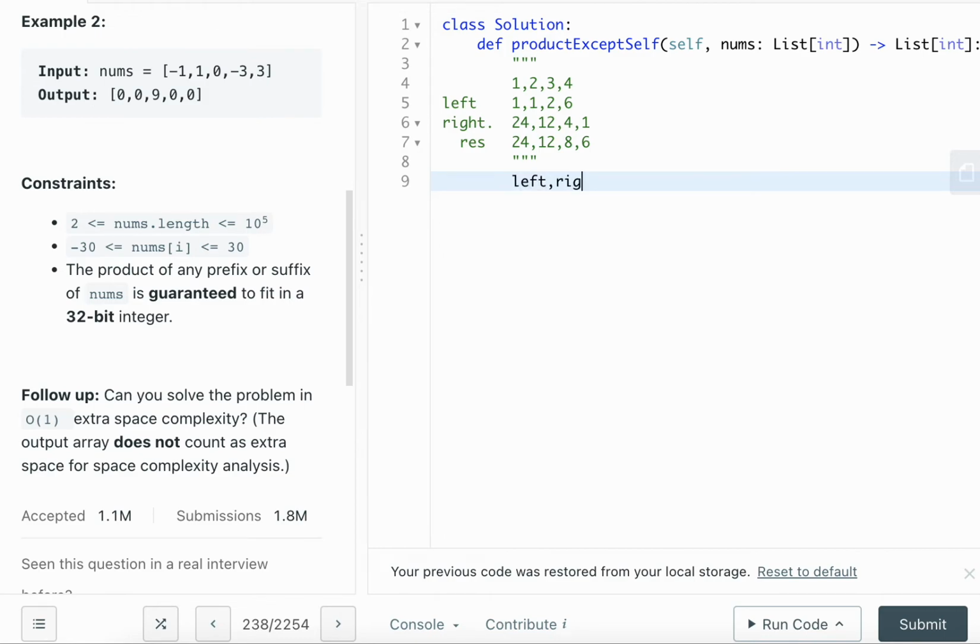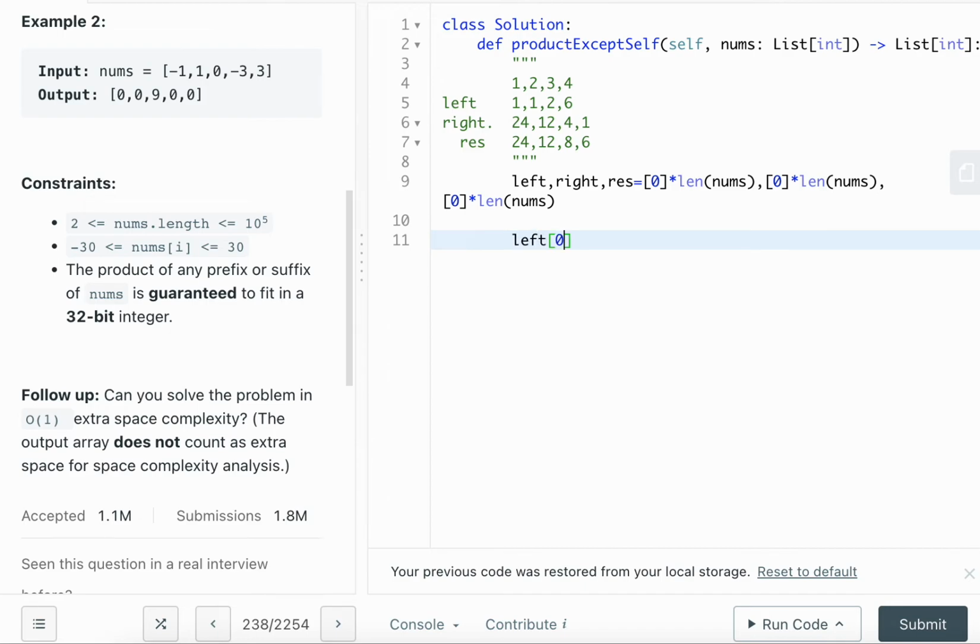So I'm going to call them left, right, and result arrays, right? I'm going to write all zeros to these arrays. And then basically the left array, right array, and result will all look like 0 at the beginning. So I'm going to calculate the left array here.